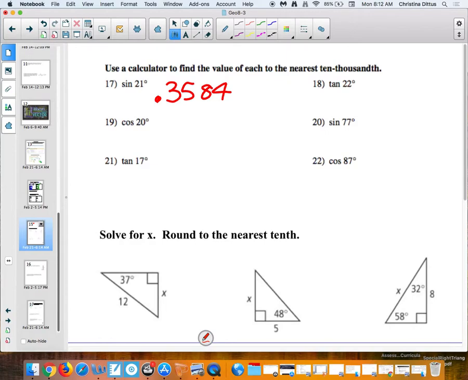Okay, go ahead, put tan 22 in there. Anybody not get 0.4040? Okay. Plug in the cosine of 20. 0.9397.